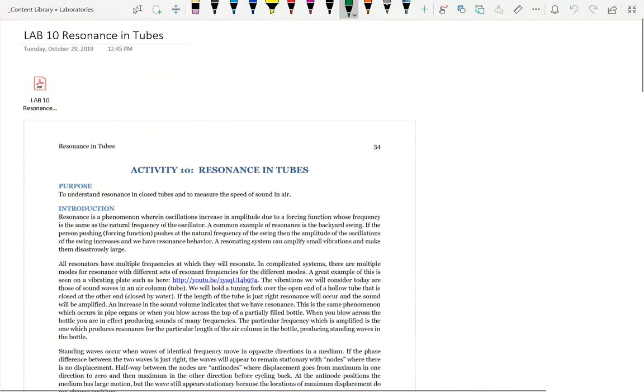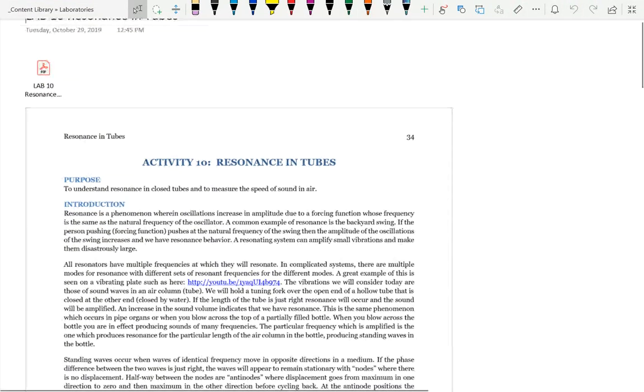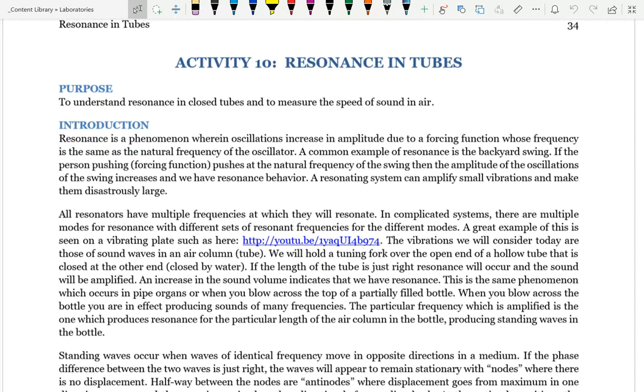So what we're going to be doing is looking at resonance in closed tubes. If you want to see some cool stuff, that YouTube video shows a plate and they change the frequency and they put sand on it, and you can see where the plate doesn't move, which is where you have, what do you call it if you set up a standing wave that's not moving? Nodes.